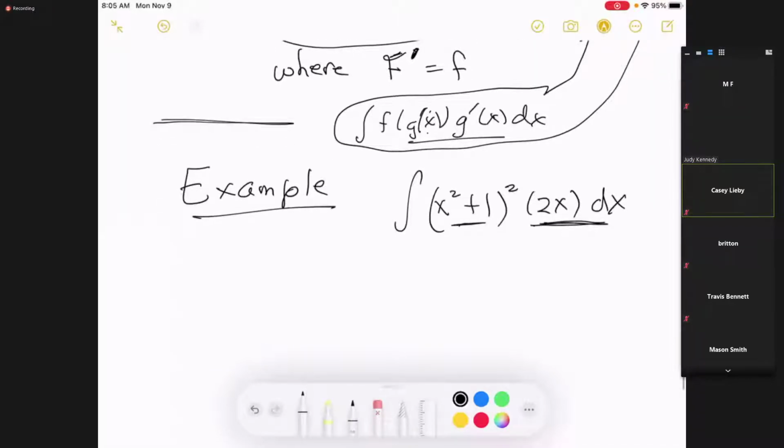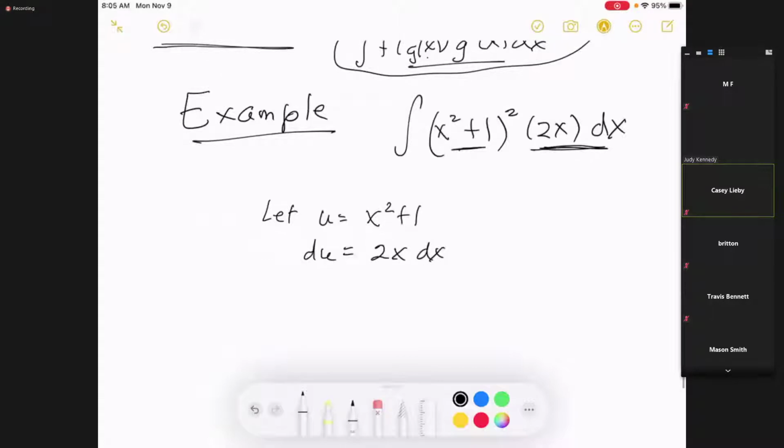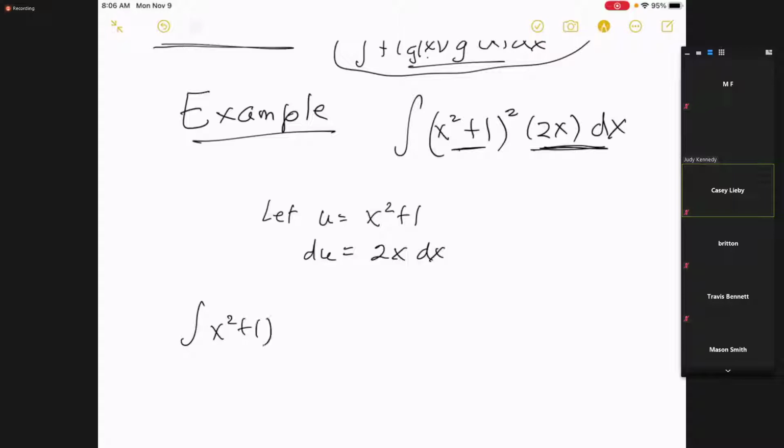Here, it would work very nicely if you let u equal x squared plus 1. So du is 2x dx. And that changes the integral to the integral of u squared du.